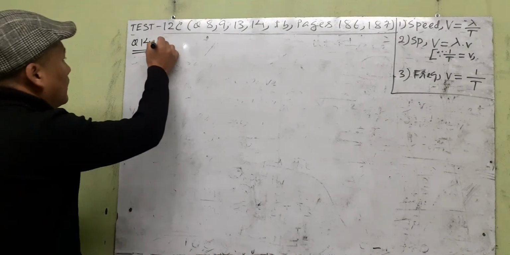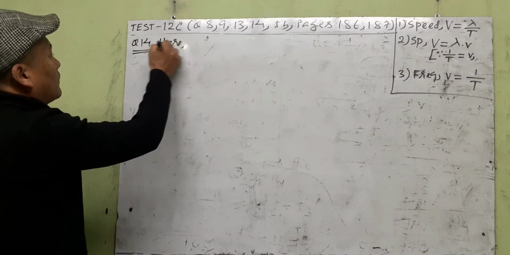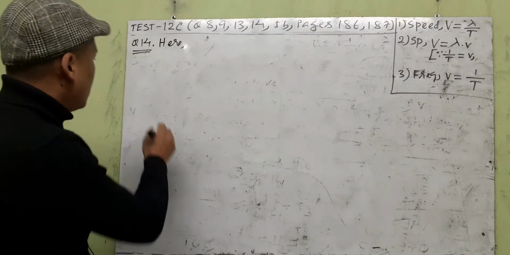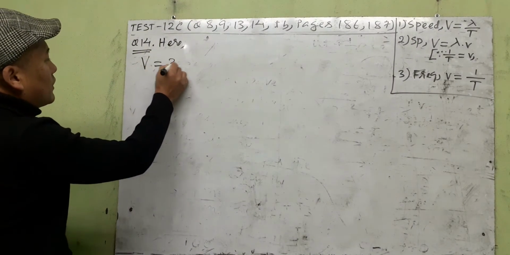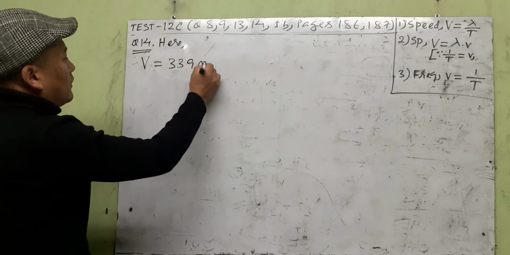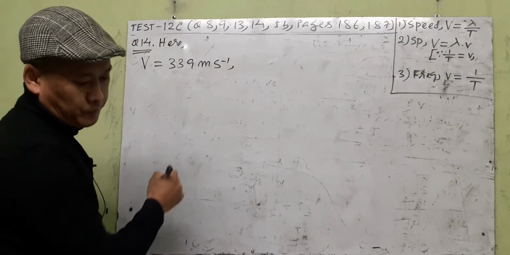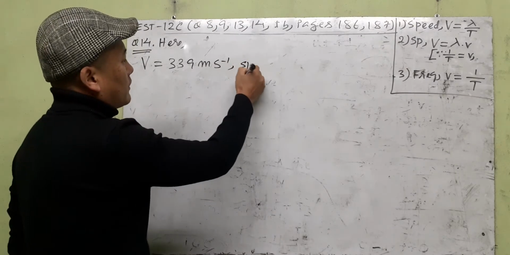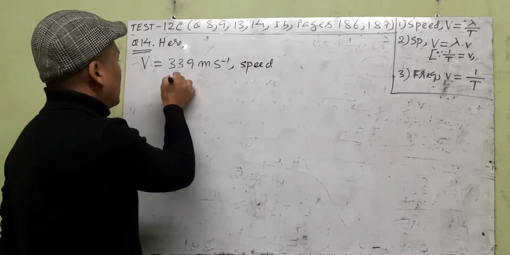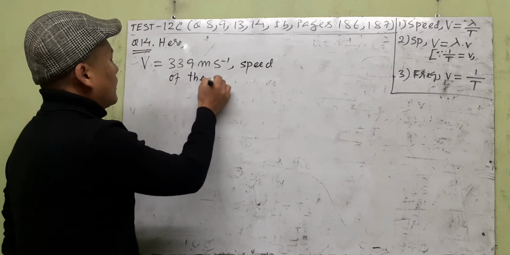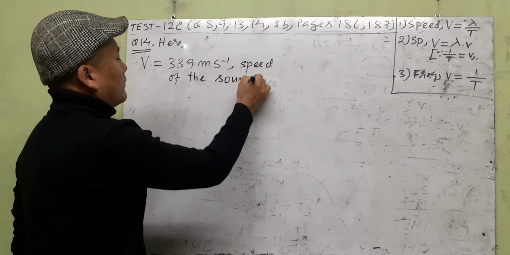So as we read the question, clearly we found that 339 meters per second is the speed of the sound wave, as simple as that.